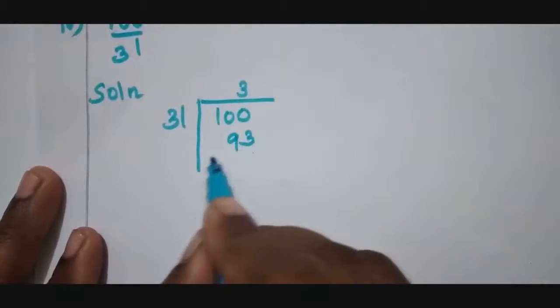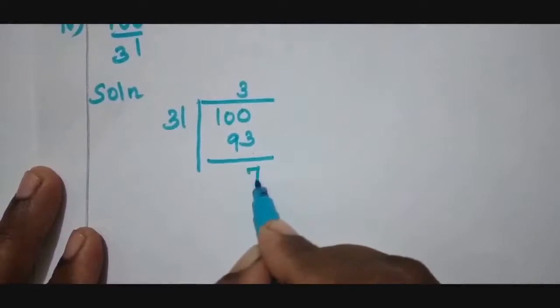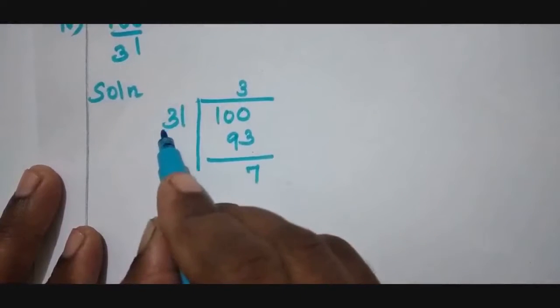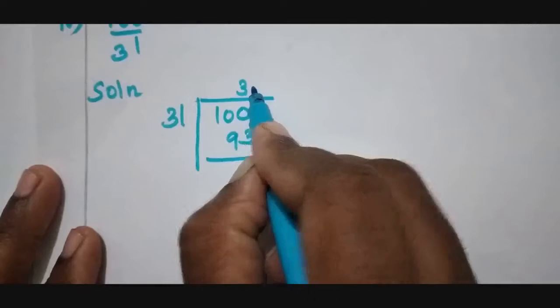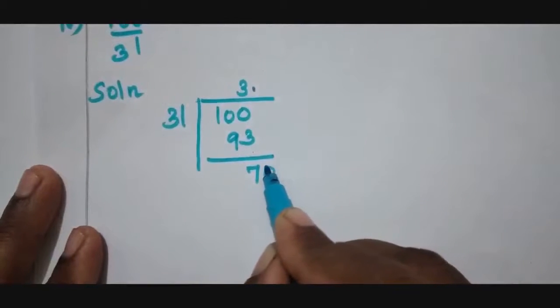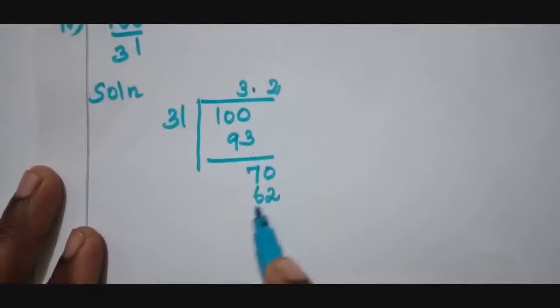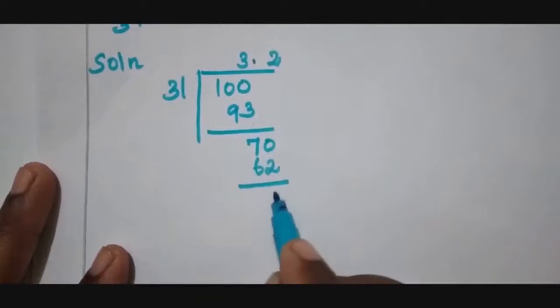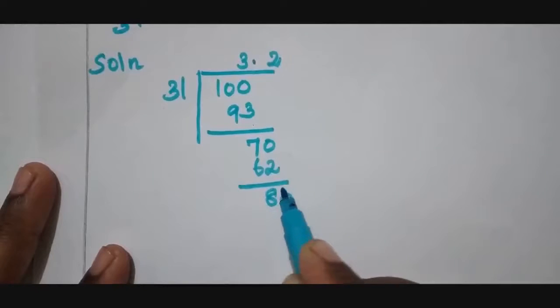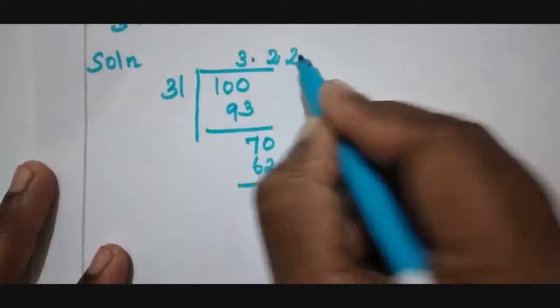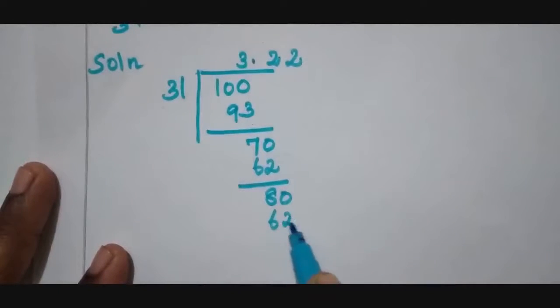What's the value of 100 minus 93? 7. 7 is not divisible by 31 tables. Keep one decimal point here and you can add 1 0. 2 into 31 is 62. What's the value of 70 minus 62? 8. Add 1 0. Again 2 into 31 is 62. So what's the value of 80 minus 62?